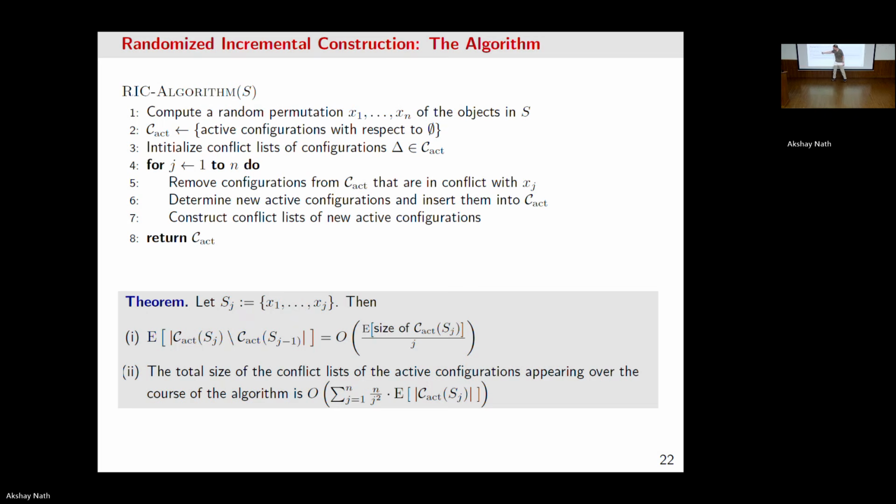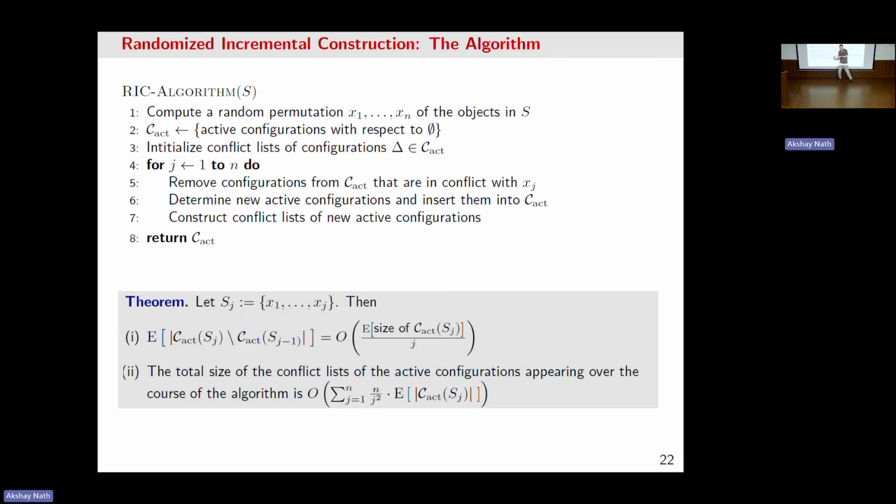It's the set of active configurations after I add the jth element, minus the active configurations before I added the jth item.